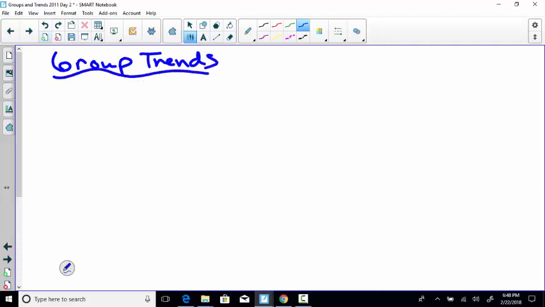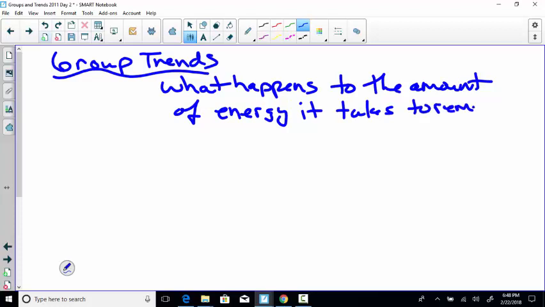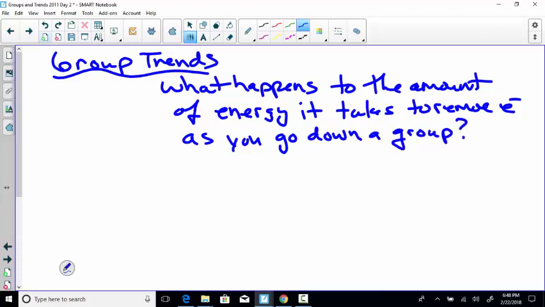We're going to take our periodic table and look down the group, and the question we're asking is: what happens to the amount of energy it takes to remove electrons as you go down a group? That's what we're looking for.